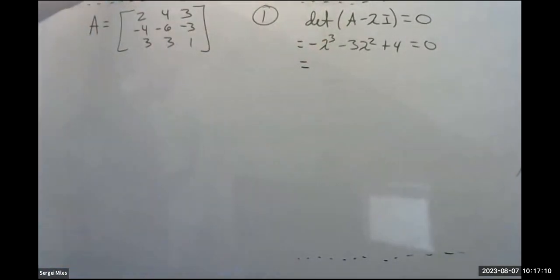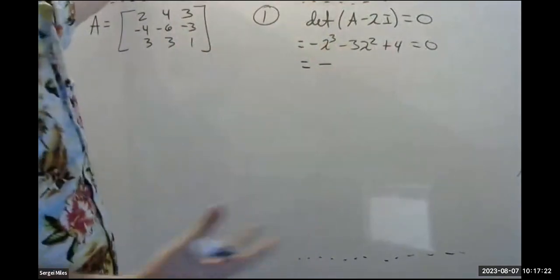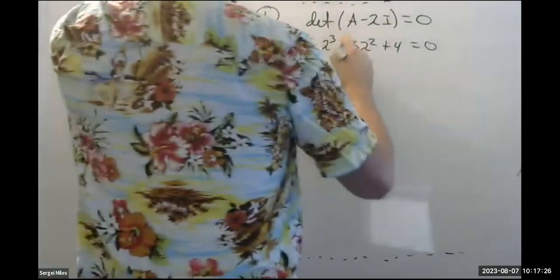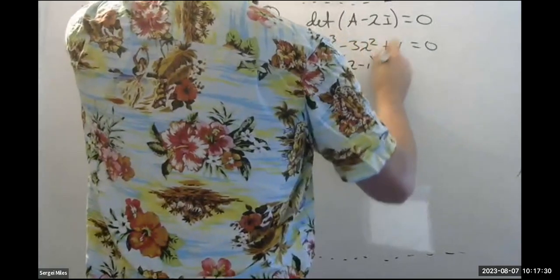Sometimes it helps to graph this and find where it crosses the x-axis, then use the roots to factor it. That's a prerequisite piece of knowledge here. So I'm not going to go into too much detail, but we get lambda plus 2 squared here.